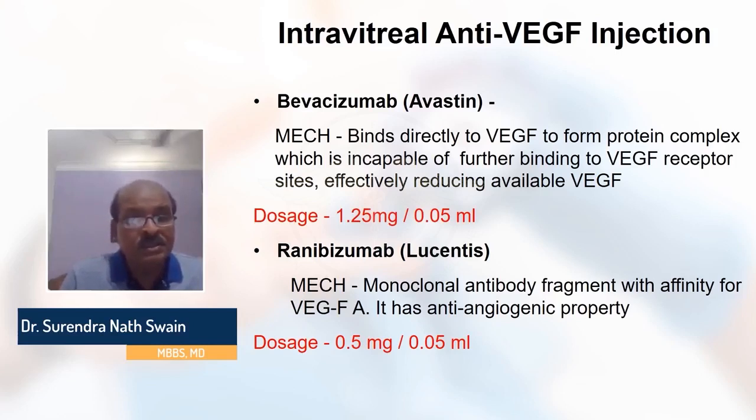Ranibizumab, Lucentis, is a monoclonal antibody fragment with affinity for vascular endothelial growth factor A. It has anti-angiogenic property also. The dosage is 0.5 milligram in 0.05 ml.